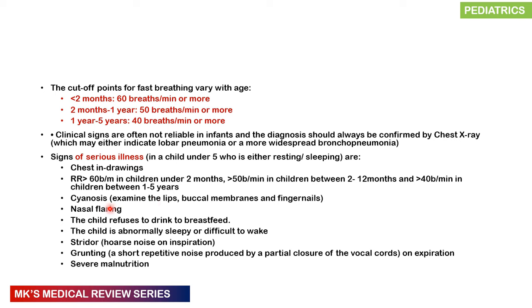If there's nasal flaring, if the child refuses to drink, if the child is abnormally sleepy or very difficult to wake up, if there's any stridor, a hoarse or whistling noise heard on inspiration, if there is grunting, which is a repetitive noise produced by partial closure of the vocal cords on expiration, and if there's severe malnutrition, these are all indicators of serious illness.